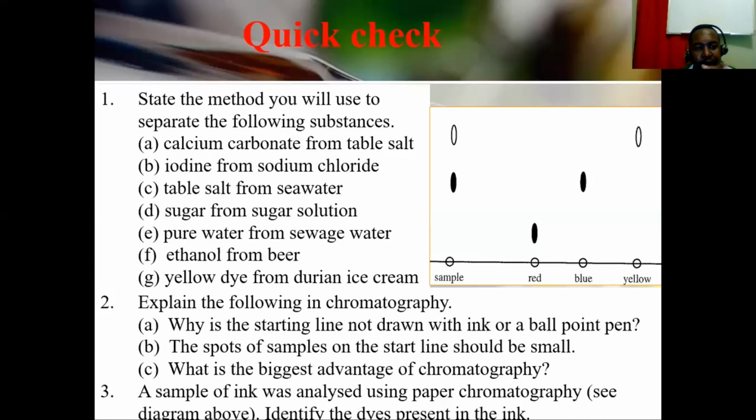All right, B, iodine from sodium chloride. How do you separate that one?